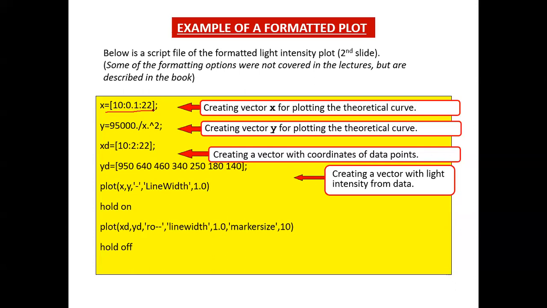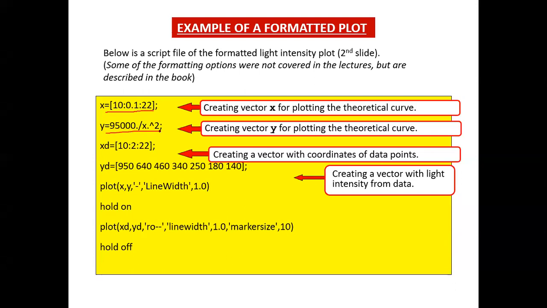This creates the vector for plotting the theoretical curve. Then for the y values, we write y equals 95,000 divided by x squared. This creates the vector y for plotting the theoretical curve.